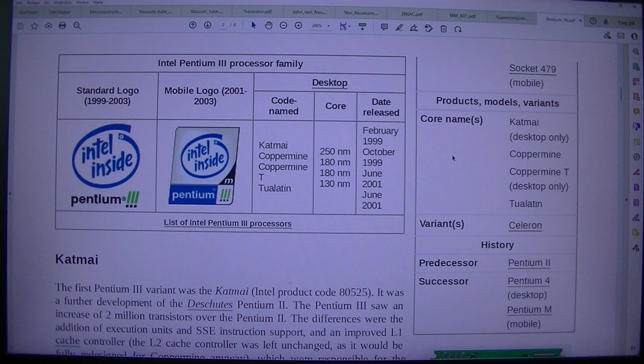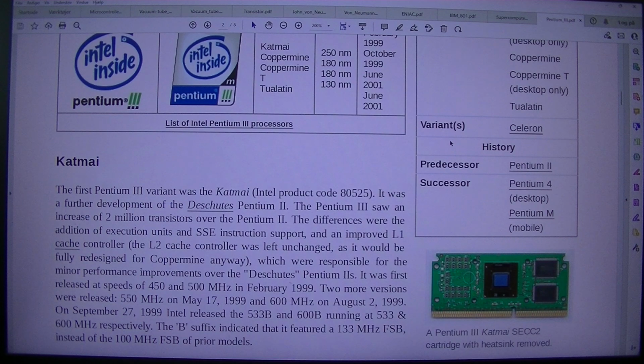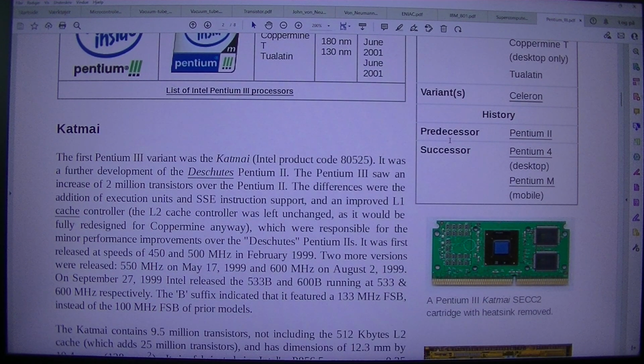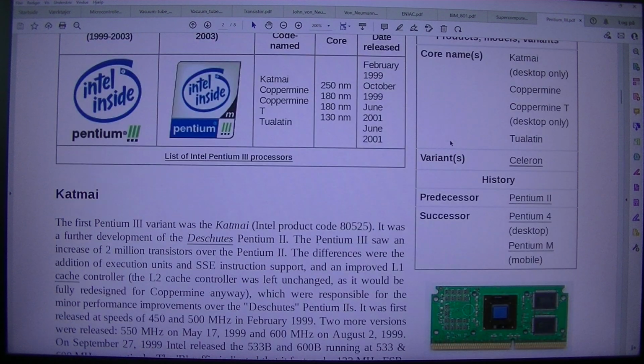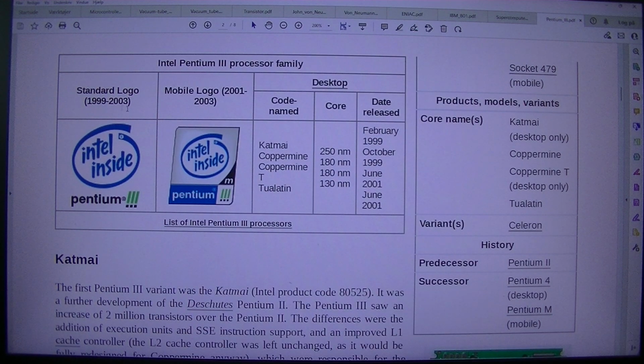Products, models, variants. Core names: Katmai, desktop only; Coppermine; Coppermine T, desktop only; Tualatin. Variant: Celeron. History: predecessor Pentium II, successor Pentium 4 for desktop and Pentium M for mobile. Intel Pentium 3 processor family. Standard logo, 1999 to 2003; mobile logo, 2001 to 2003.